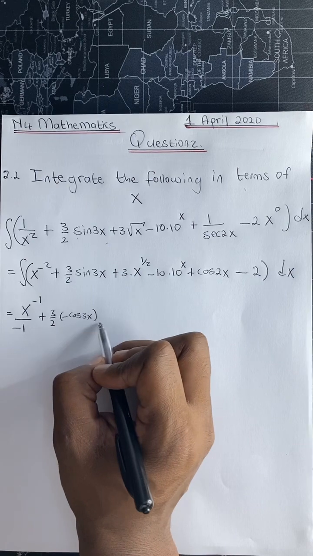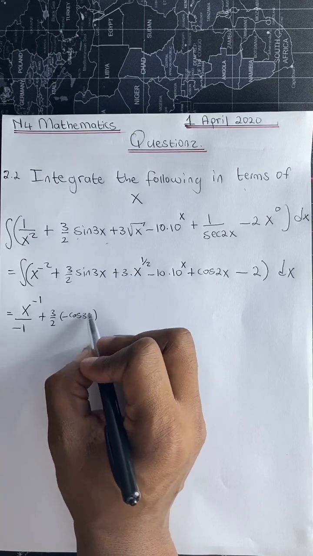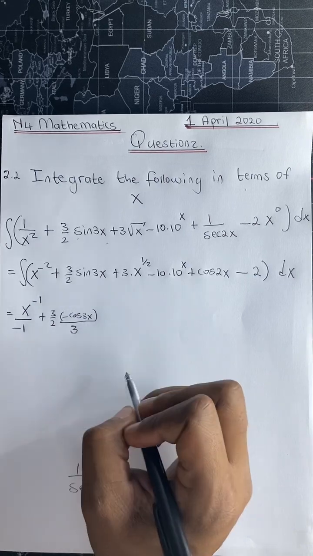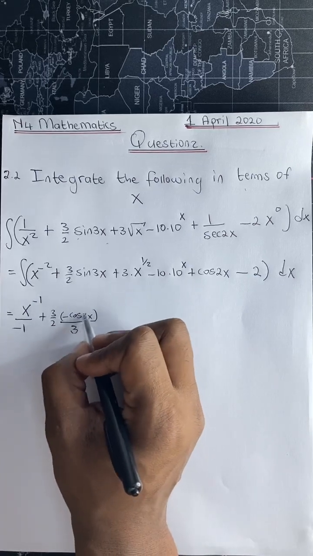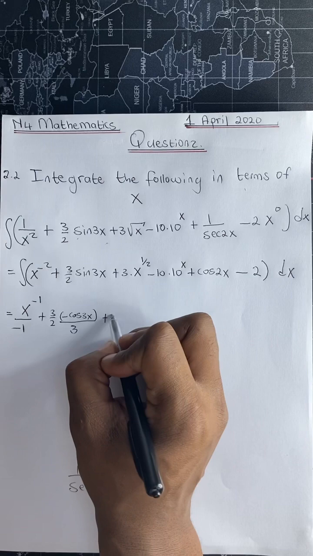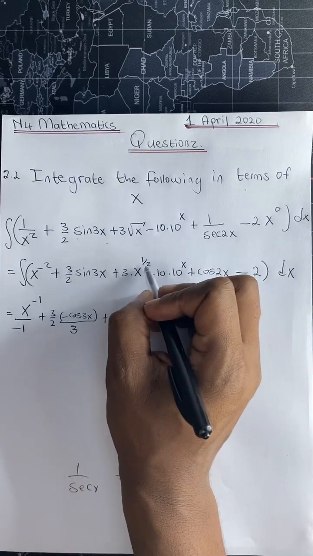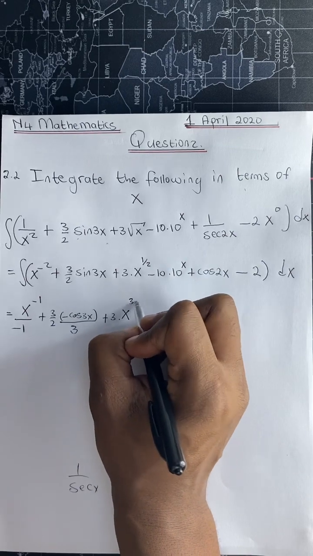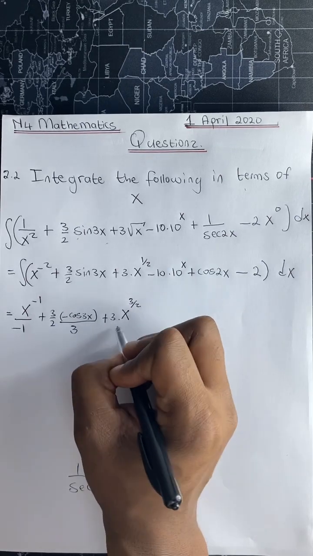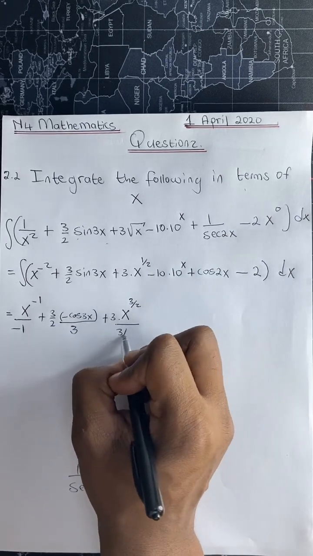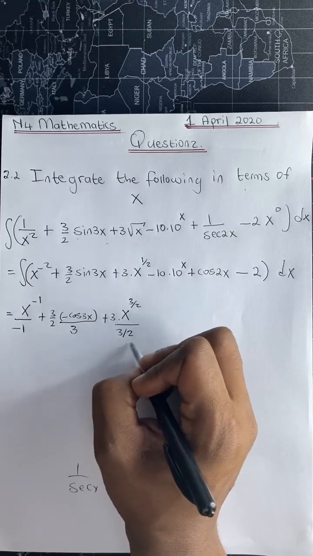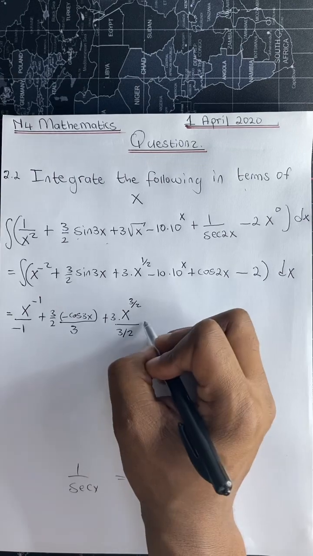If we were differentiating, we would multiply by the derivative of 3x, but now that we are integrating, we have to divide by the 3. Plus 3 multiplied by the integral of x raised to the power 1 over 2, which will be equal to x raised to the power 3 over 2 divided by 3 over 2. If we were differentiating we would multiply, but we are integrating, so we are dividing.